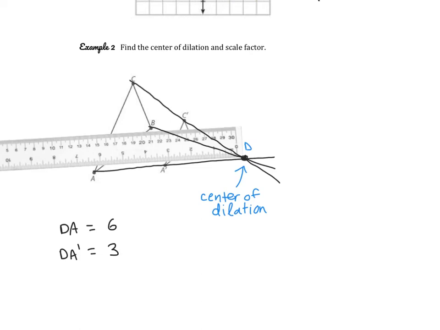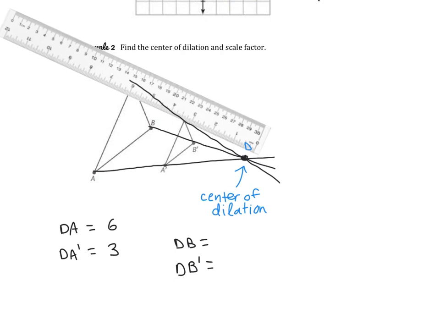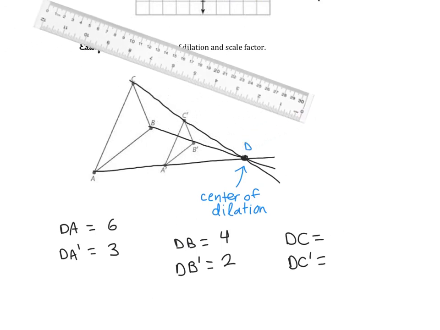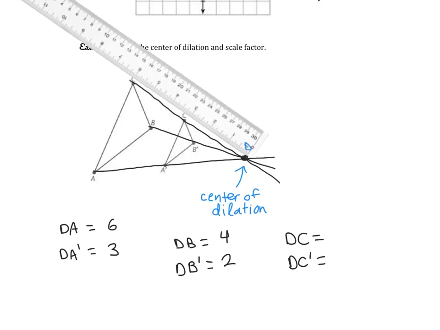And now we're going to measure the length from DB and then DB prime. Again, we'll take our ruler, line it up, and we see that DB is about 4, and DB prime is about 2. And then last, we're going to do the length of DC and DC prime. Again, take your ruler, line it up. We can see DC is about 6, and DC prime is about 3.